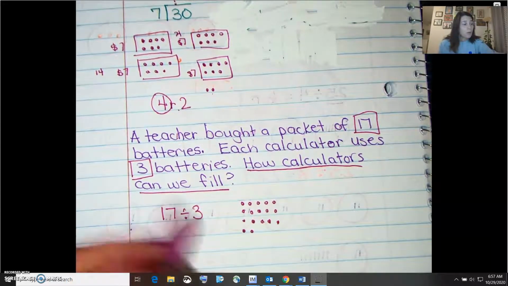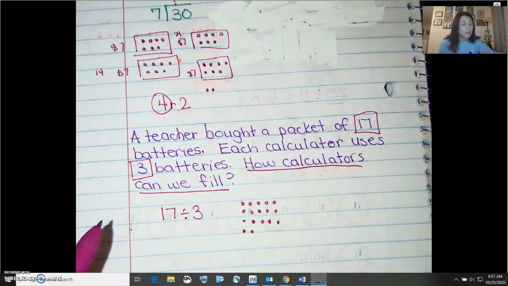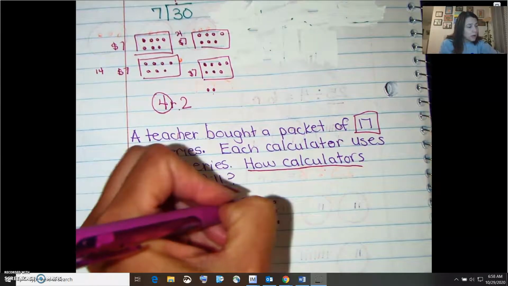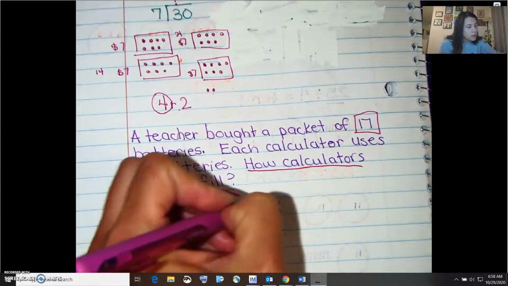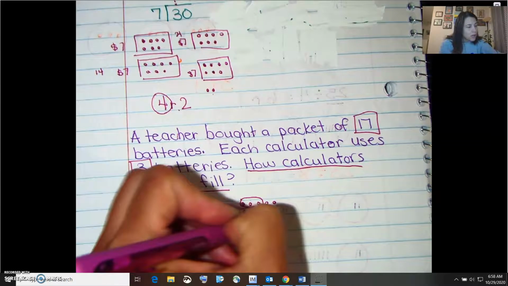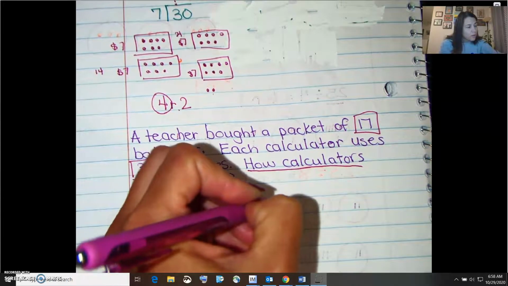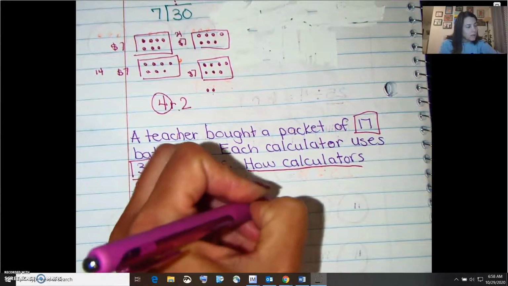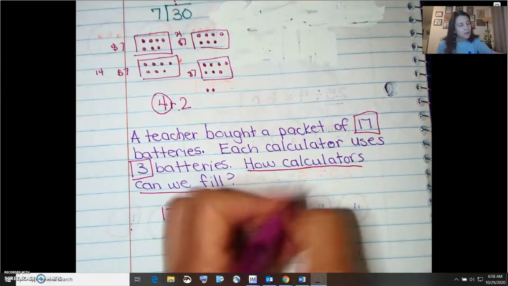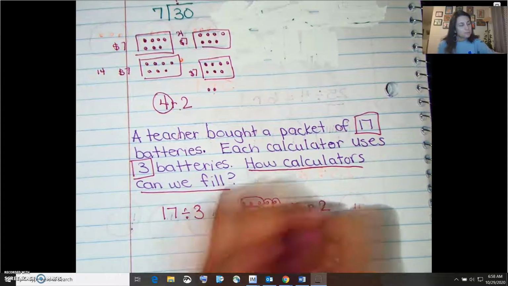Now I'm going to circle groups of 3 because that's how many goes in each calculator. There's one calculator, 2 calculators, 3 calculators, 4 calculators, 5 calculators with 2 left over. So our answer is 5 remainder 2.